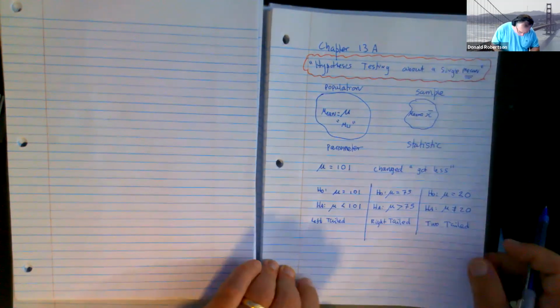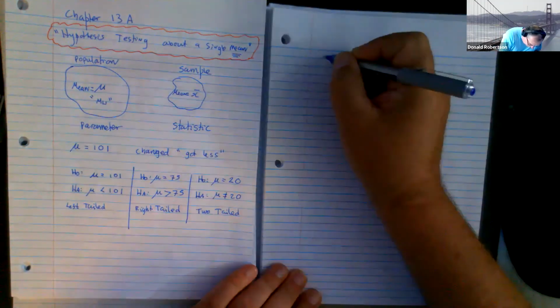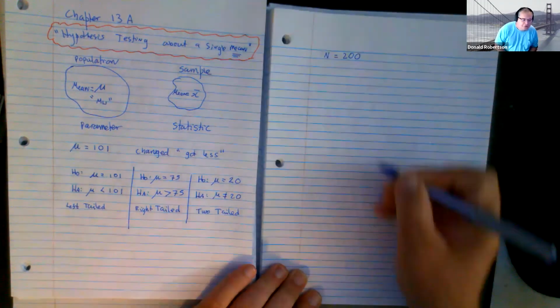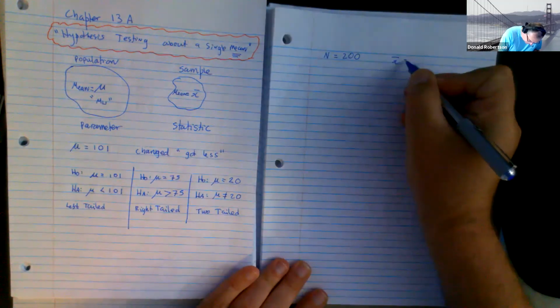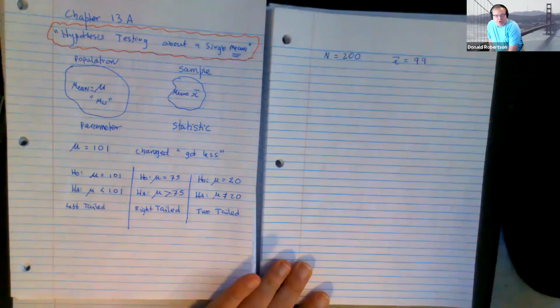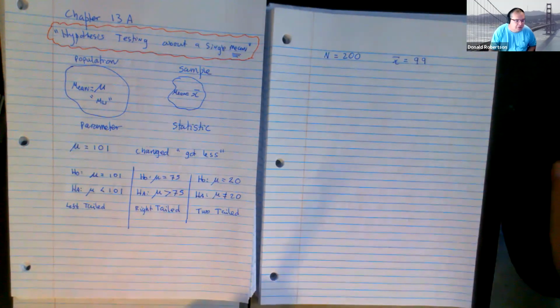So, continuing with my story about IQs and Scots people, let's suppose that we found a random sample of 200 Scottish people and that their average IQ was 99. Superficially, would you agree that is evidence that it has reduced?